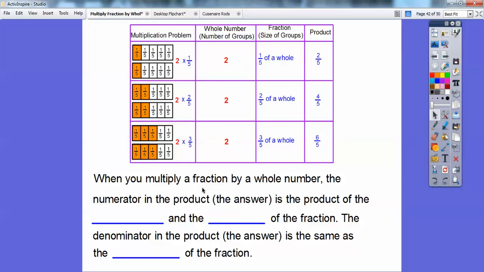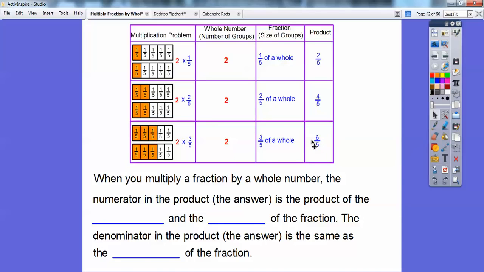So when you multiply a fraction by a whole number, the numerator in the product, this 2, this 4, this 6, is the product of this whole number over here, which is 2, and the numerator of the fraction. So 2 times 3 equals 6. This whole number times this numerator gave me this answer.